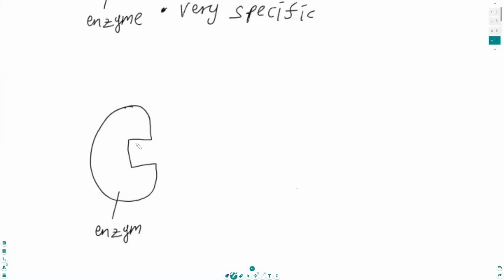And the specific substrate that will fit in here is this. So the enzyme will work on the substrate in order to convert it into its product.